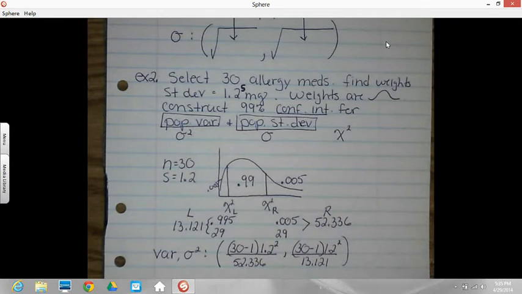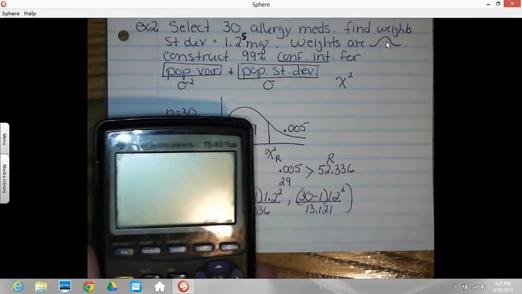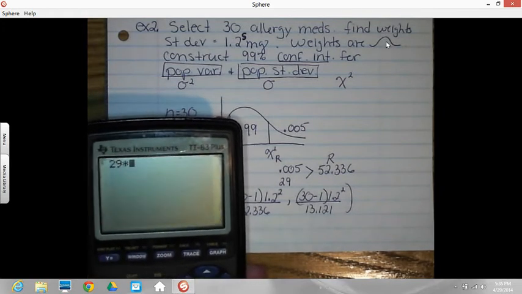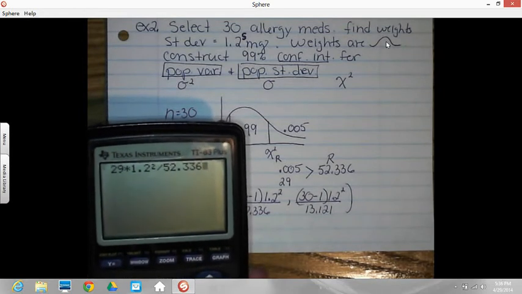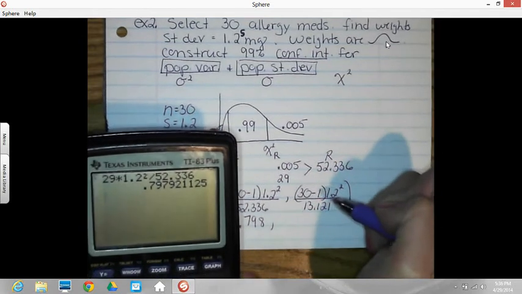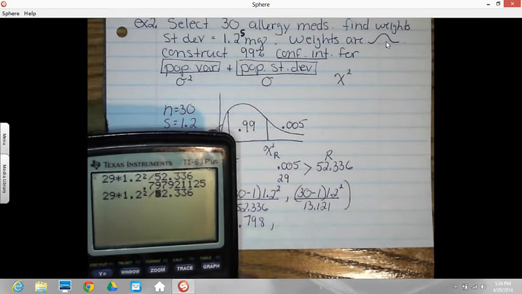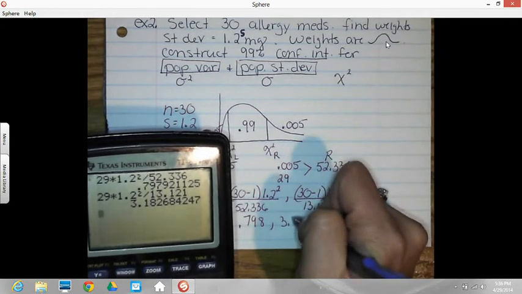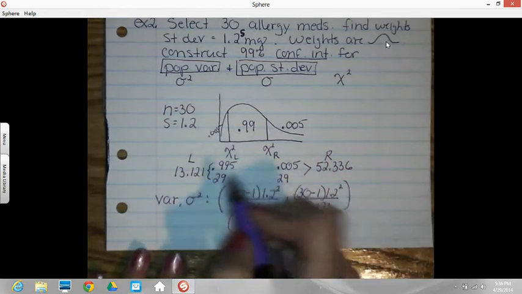And if you use a calculator to crank through that, which you should try, let's see, I'll go 29 times the 1.2 squared divided by the 52.336, 0.798, and then changing the bottom number to 13.121, 3.183 will be our interval where we expect the variance to fall.